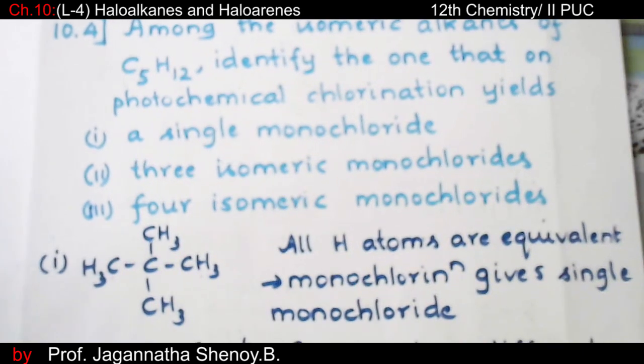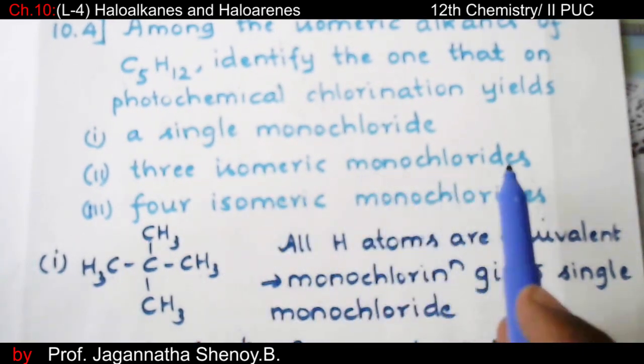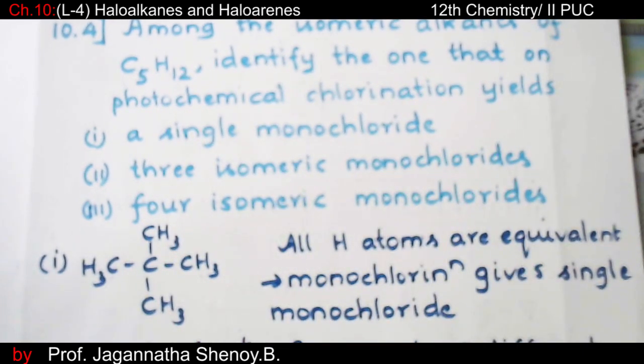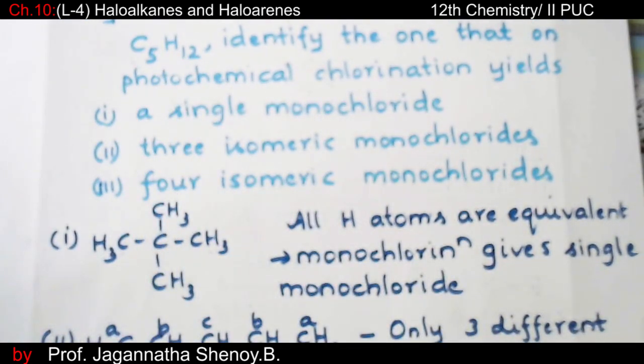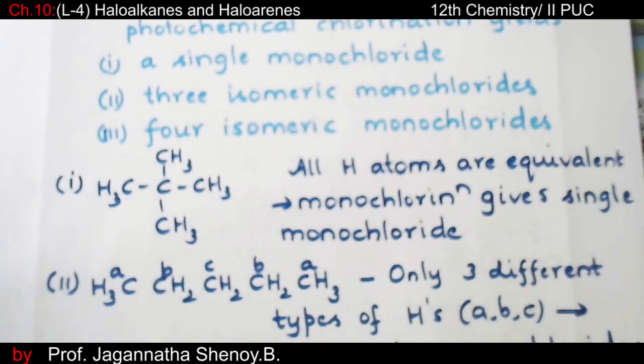Next, I want to get three isomeric monochlorides. That means the isomer of C5H12 must have three different types of hydrogens. So consider the structure of n-pentane.